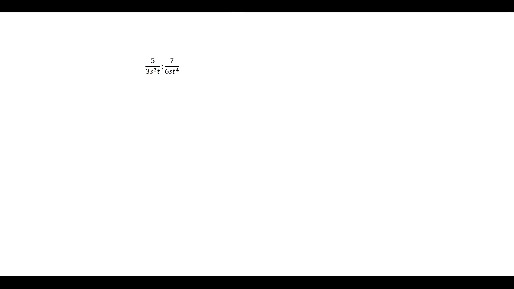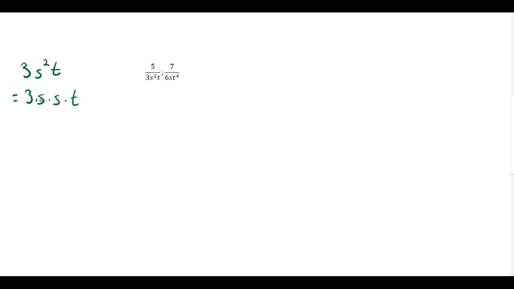So I'm going to start off. I will actually come over to the left-hand side and look at the first denominator, which is 3s squared t. Now if I factor that completely out, 3 is a prime number, so I don't have to worry about the 3. s squared is the same thing as s times s, and then I have a t.